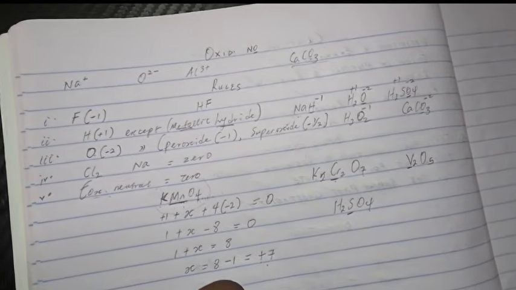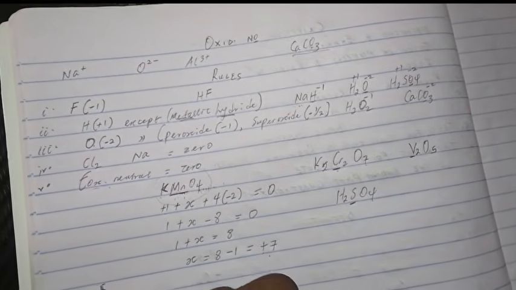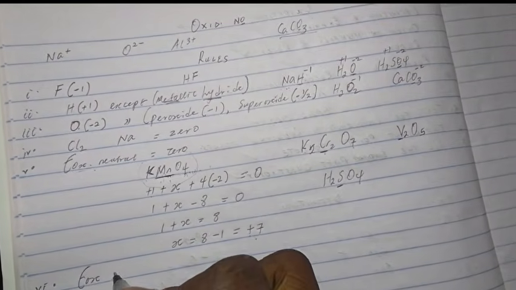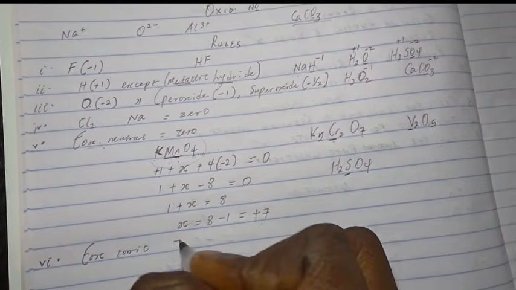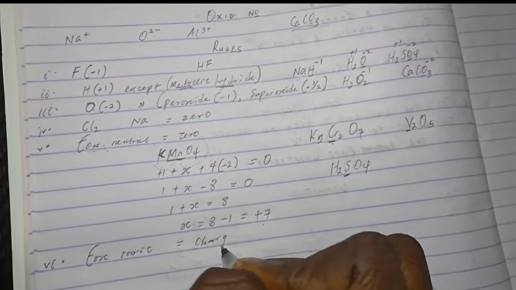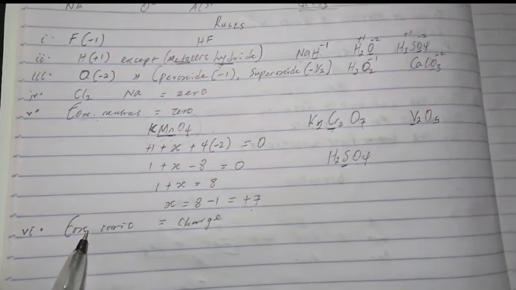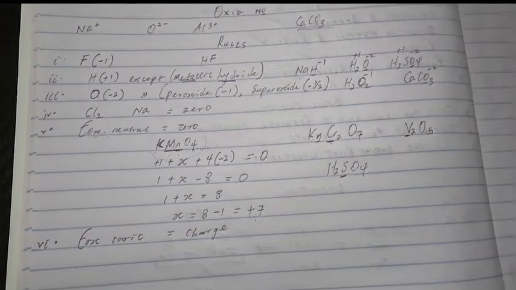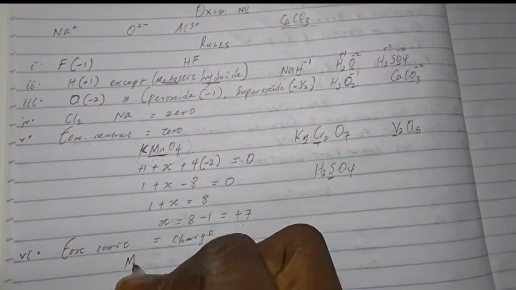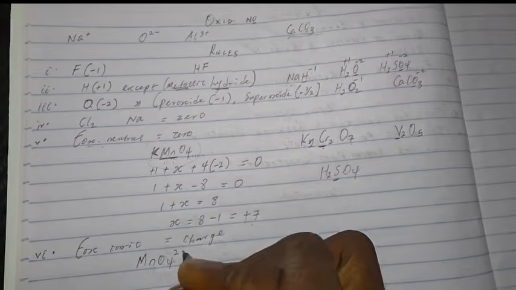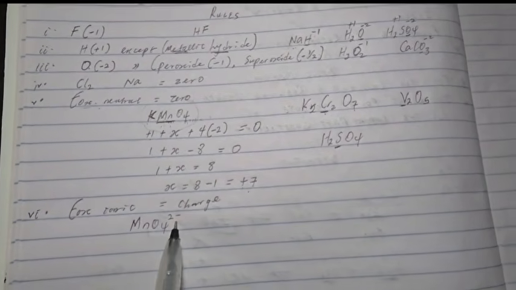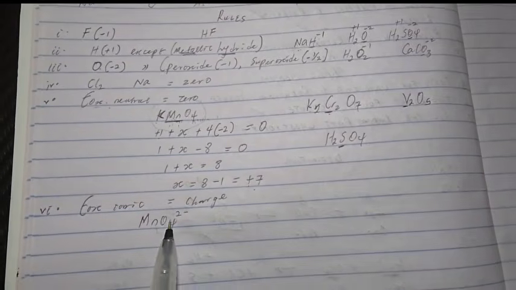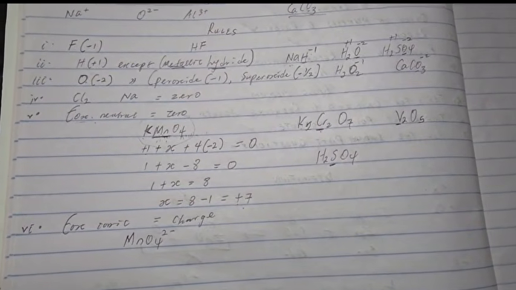Then the next rule is that the sum of all of the oxidation states of an ionic compound is equal to the charge carried by that ion. What does that mean? If I have MnO4 2-, because there's a 2- here, this is called an ionic compound, so I can sum all of the oxidation states.